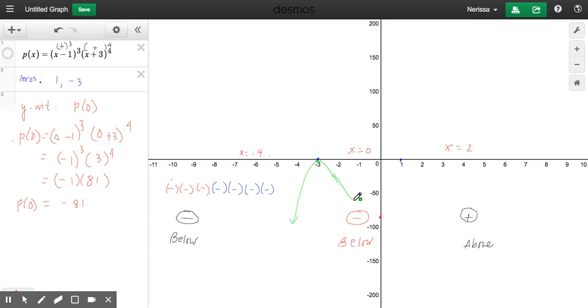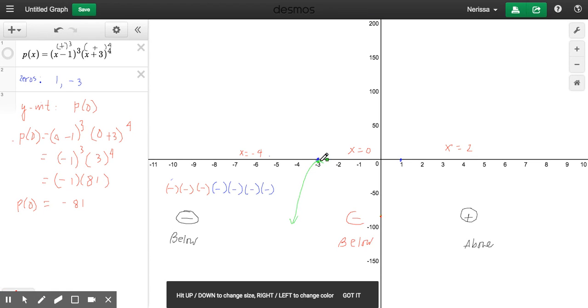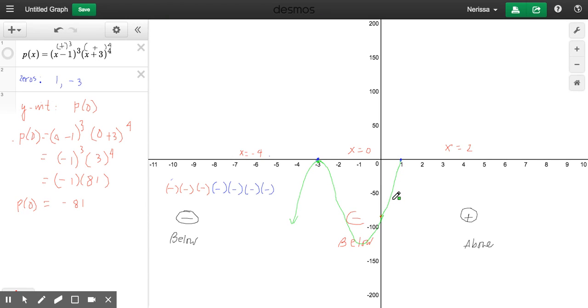Then it's going to touch, or maybe it's going to come down first, maybe like this. And then it goes up, and on its way up, it's going to touch the y-intercept. And then after 1, it says it's going to be above the x-axis in this section. So it's going to cross the x-axis, go to the positive territory, and keep going up because there's no more x-intercept on this side.